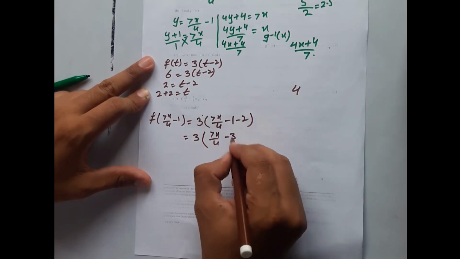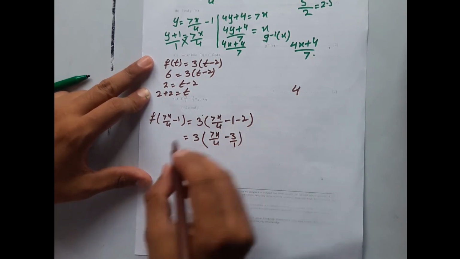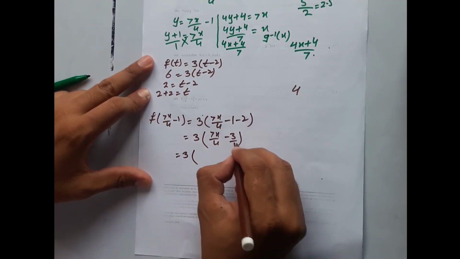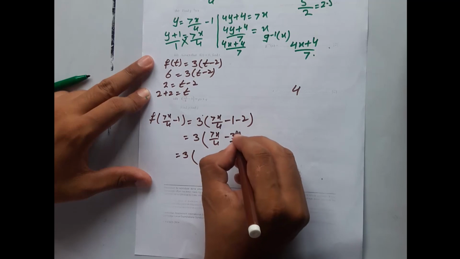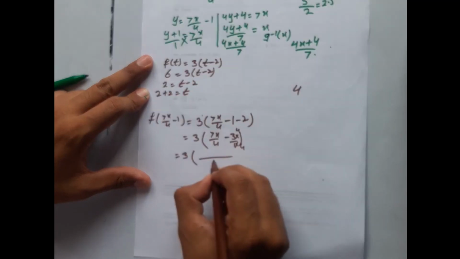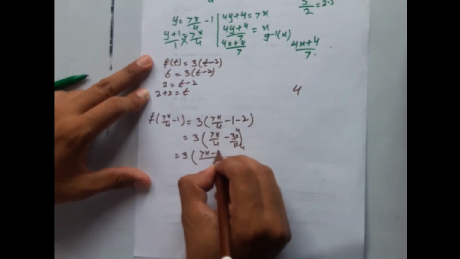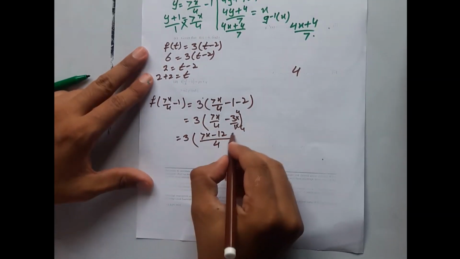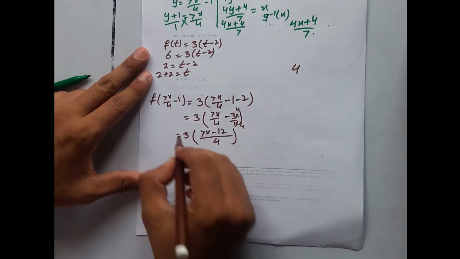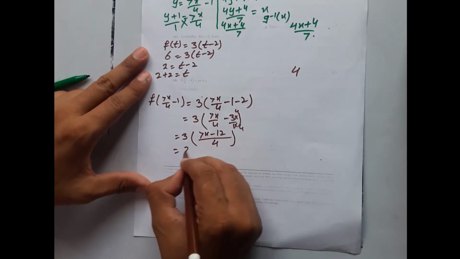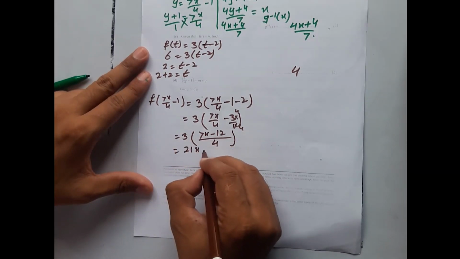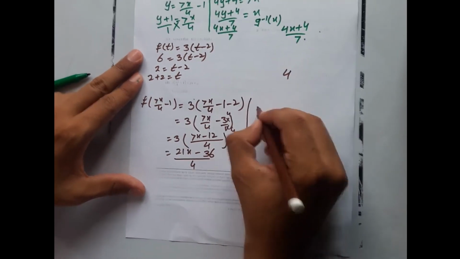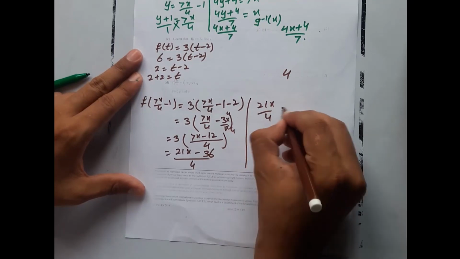First we will solve in brackets. We will take LCM, we will multiply 4 here. So LCM is 4. Now 7x minus 12 over 4. Now we will multiply that by 3. So this will become 21x minus 36 over 4. You can write it separately, 21x over 4 minus 36 over 4.